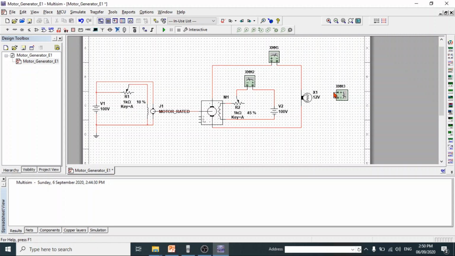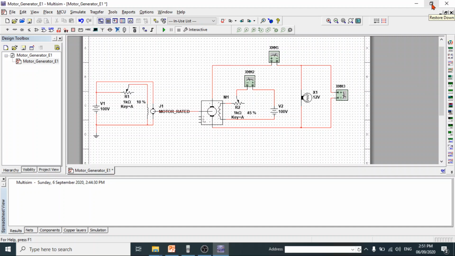The positive terminal of the voltmeter is to be connected to one end of the lamp, and then the other terminal of the voltmeter will be connected also to the other terminal of the lamp. So there we have the loaded generator.